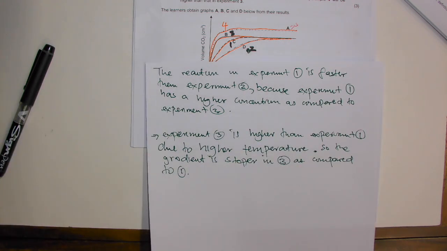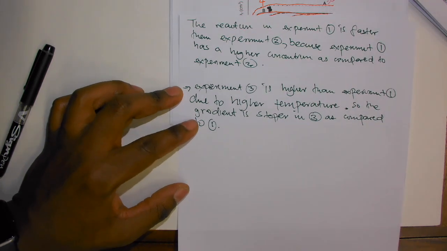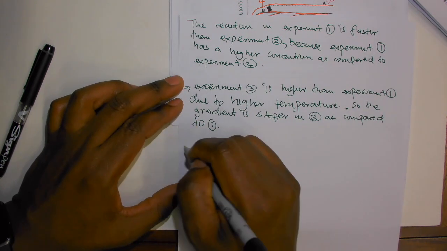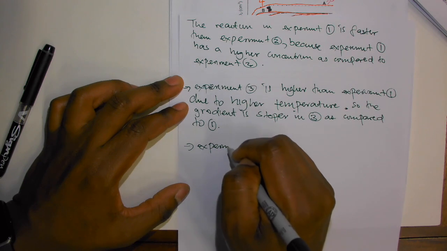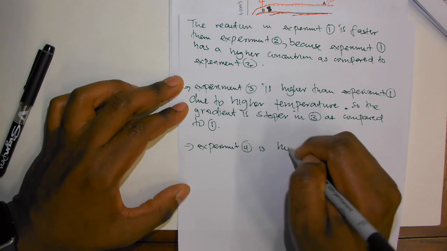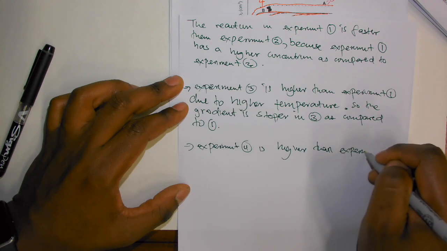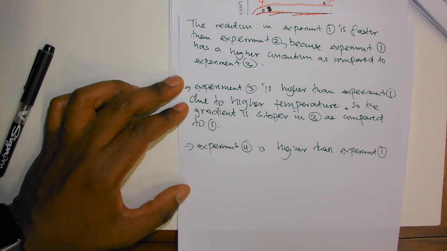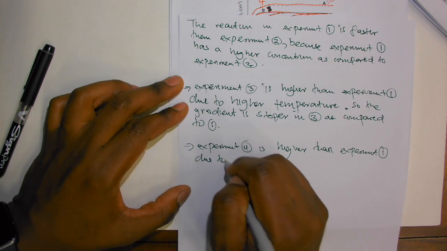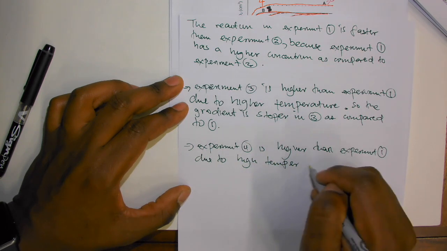Okay, now we need to talk about 1 and 4. Is that okay? And then what do we say about 1 and 4? We say experiment 4 is higher than experiment 1. Why are we saying it's higher than experiment 1? Due to high temperature.